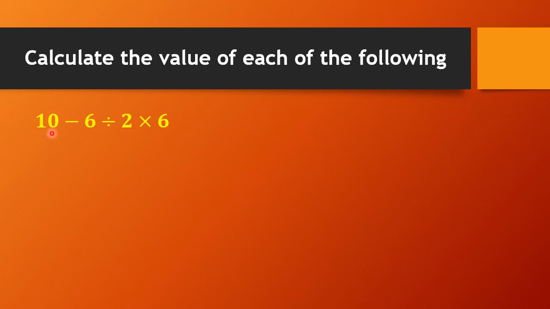It will be 10 minus 6 divided by 2, which equals 3, times 6. After that, we have subtraction and multiplication. The first will be multiplication. So 3 times 6 equals 18. 10 minus 18. After that, we will do the subtraction operation. 10 minus 18 equals -8.